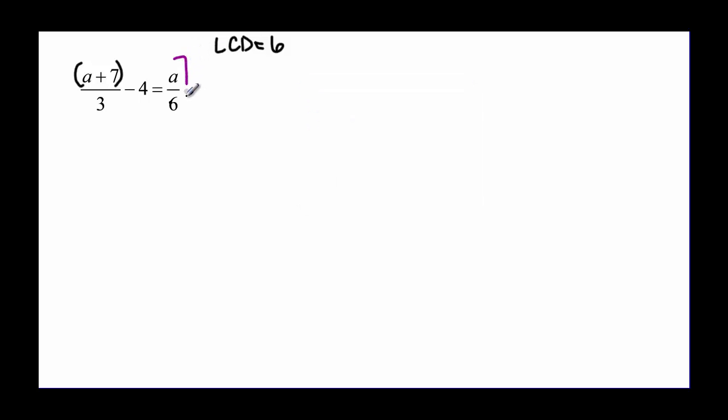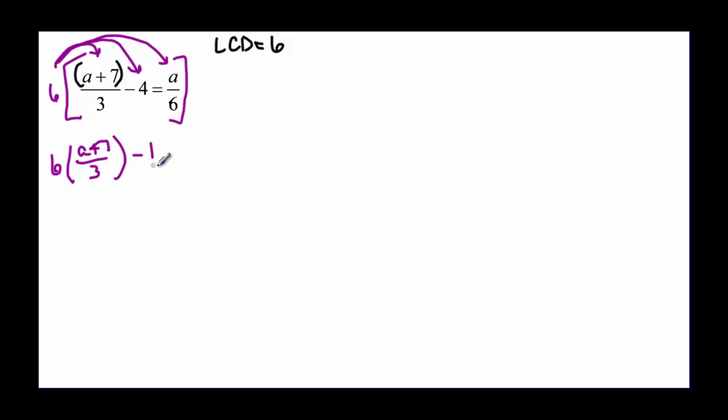And I'm going to then multiply this whole thing by 6. There's one term, there's two terms, and there's a third term on the other side. So 6 times a plus 7 over 3 minus 6 times my 4 is equal to 6 times my a over 6.